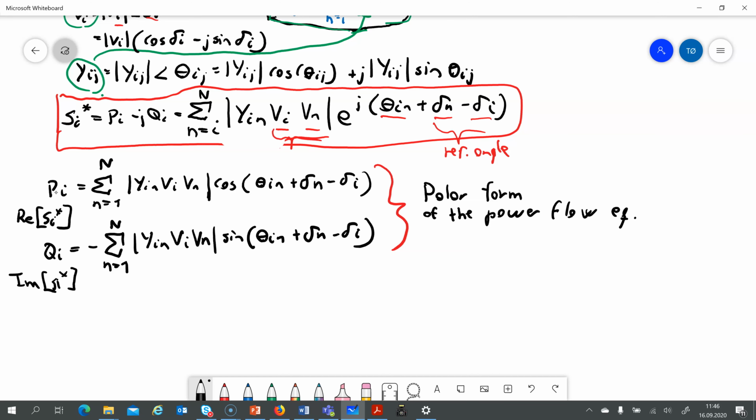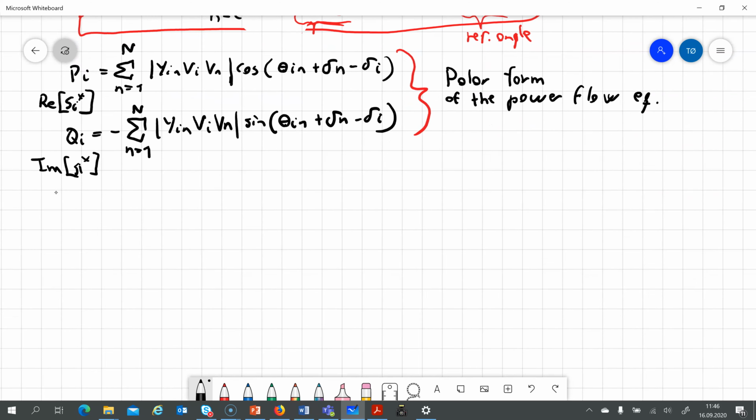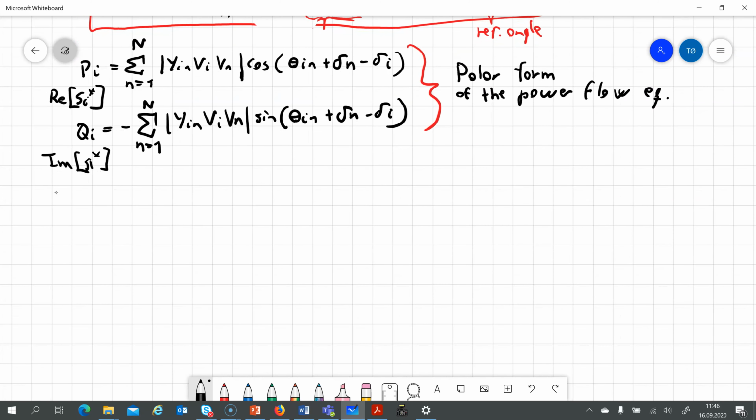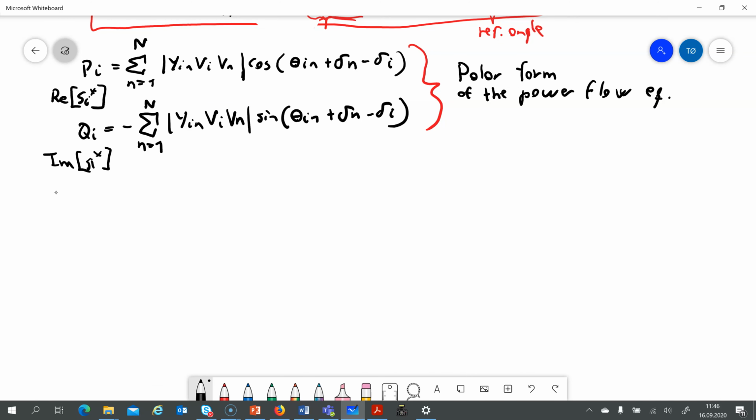So what are we actually calculating when we are trying to solve the problem? One thing can be what we call the mismatch. Let's look at that. So if you have a generator connected to a bus i, and this generator delivers PGi, QGi, typically.